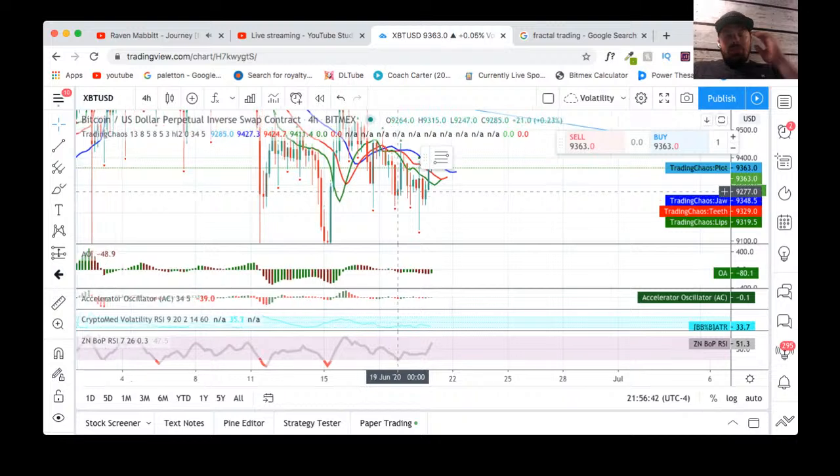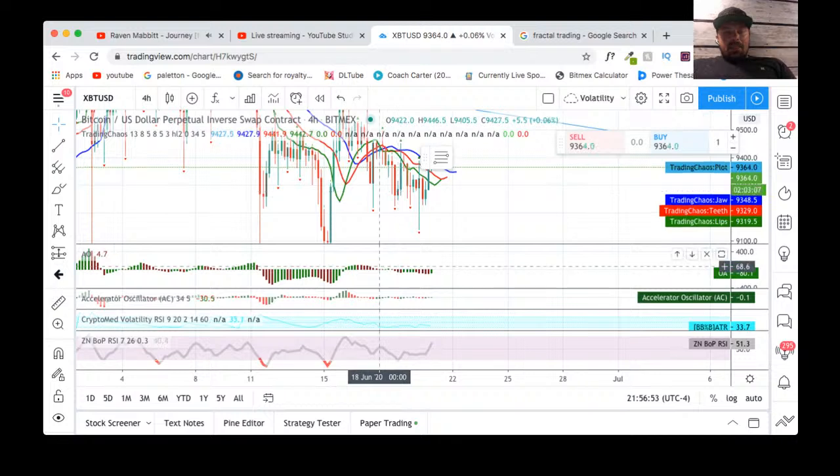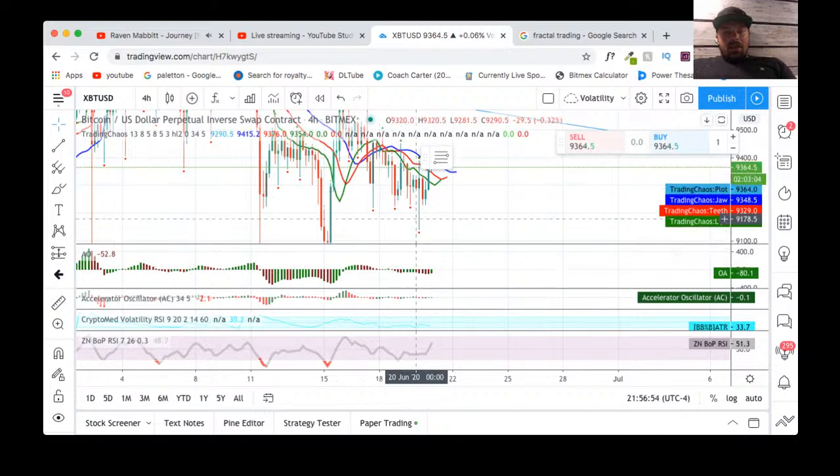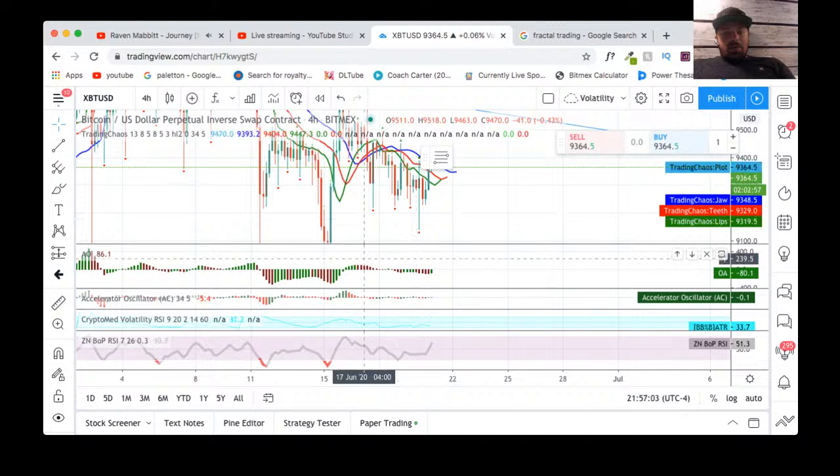It shows the momentum a little bit ahead of time, faster than the AO. So we have a saddle here, and it looks like a big move up, but it looks like a bigger move to come. It's not as big of a move as it could be for the 4-hour.